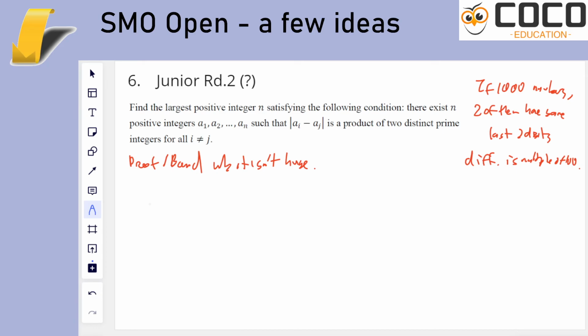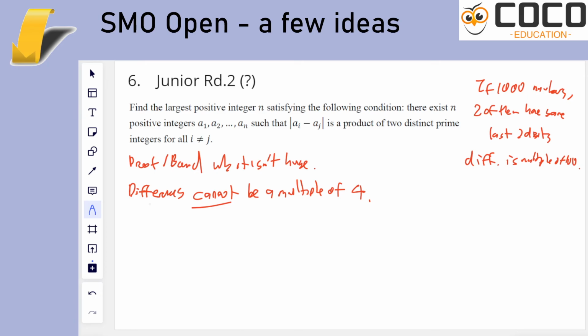And the smallest number that causes you a problem is that if your difference cannot be a multiple of what? We can bring it down all the way to 4. The difference cannot be a multiple of 4.